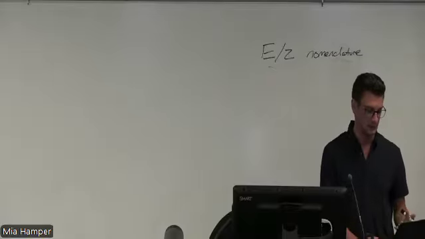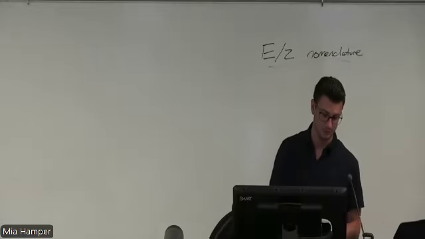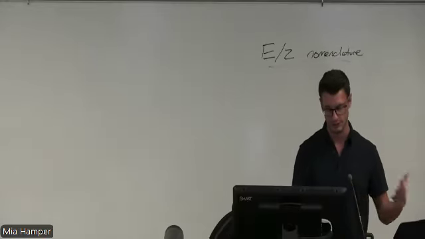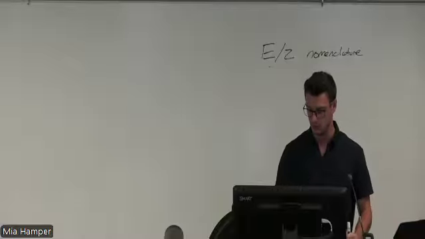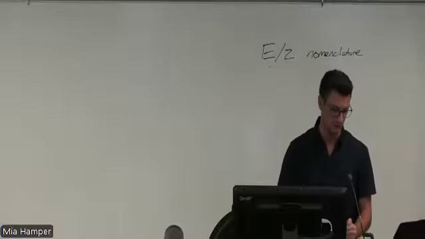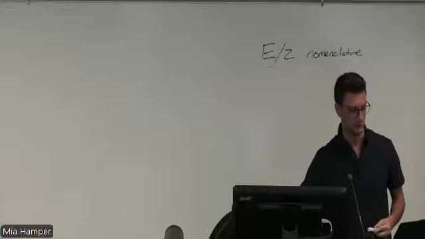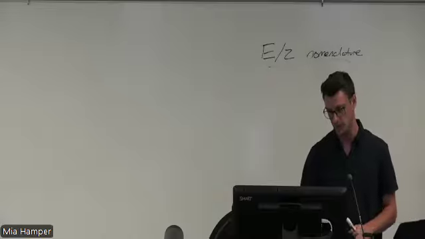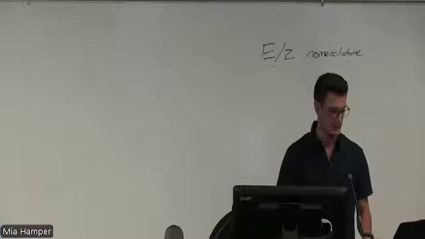And that ties into nomenclature as well. Things are starting to build in a way that we do need to be familiar with in order to take the next steps. And this first step that I would like to touch on is E and Z.